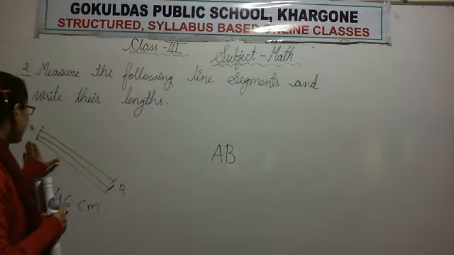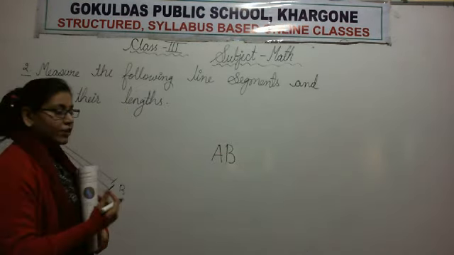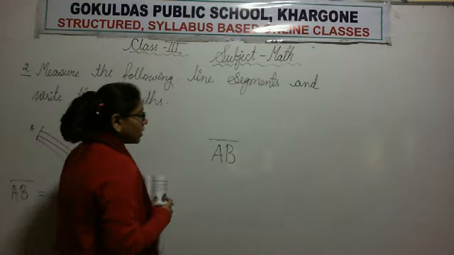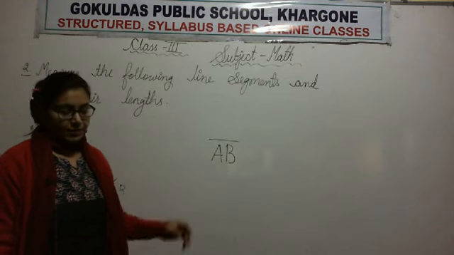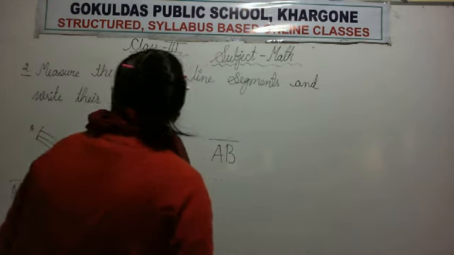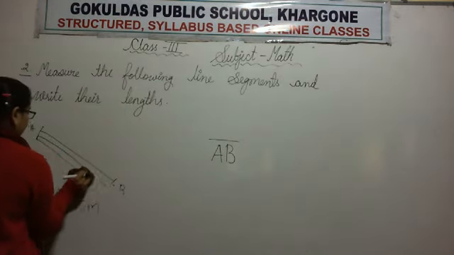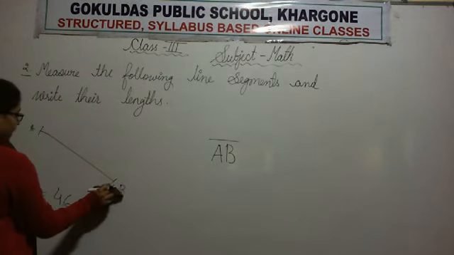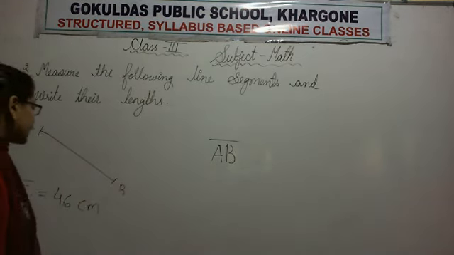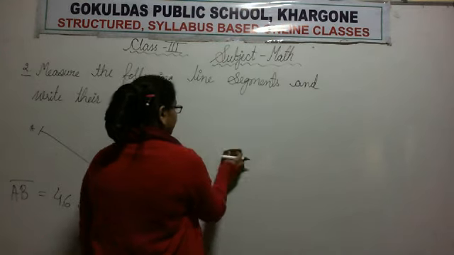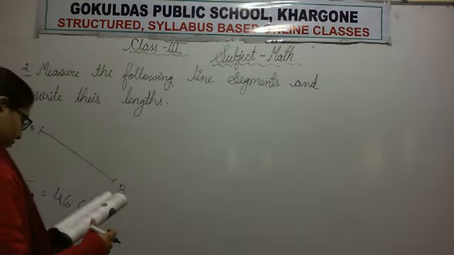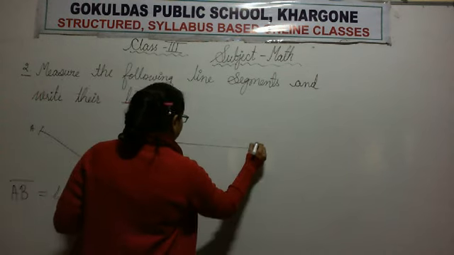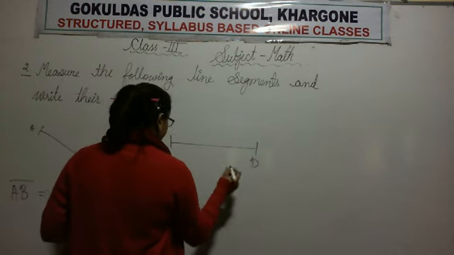One more thing, what is the way of representing a line segment? Suppose here line segment AB is given. So we will write line segment AB like this. So the length of line segment AB after measuring is 4.6 centimeter. Now the next line segment CD.